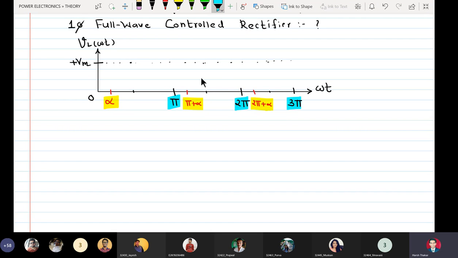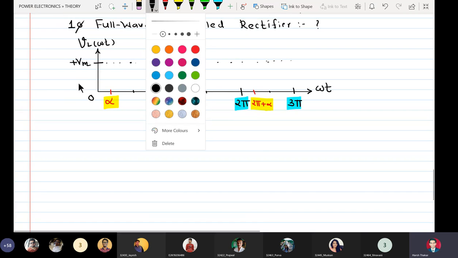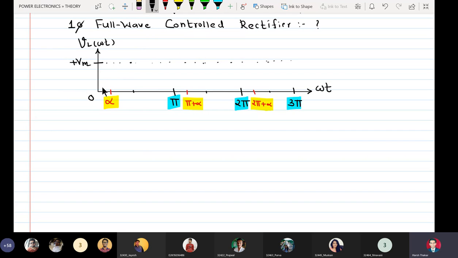Pi, 2 pi, 3 pi. There will be no conduction from 0 to alpha, and also from pi to pi plus alpha, and also from 2 pi to 2 pi plus alpha.